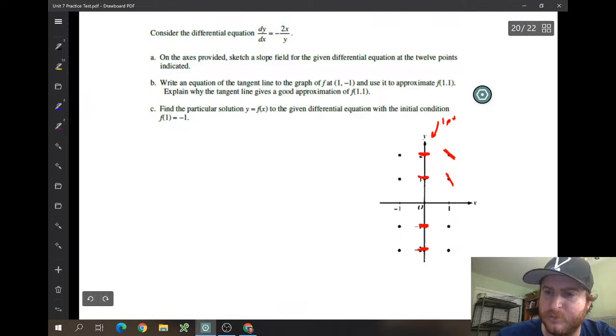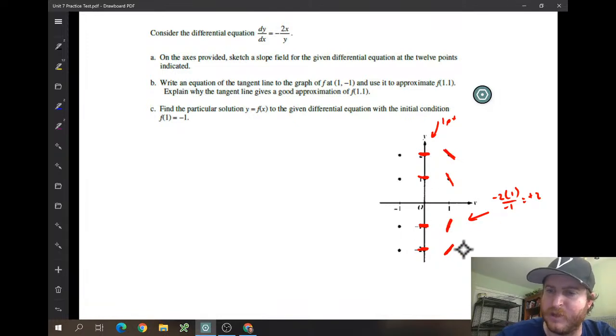That's why it helps to write these out. Negative 2 times 1 over negative 1 would have been positive 2. So up 2 over 1. And this one was up 1 over 1. So again, these are kind of flipped, right? And this guy was steeper. That was a slope of positive 2 and a slope of positive 1.